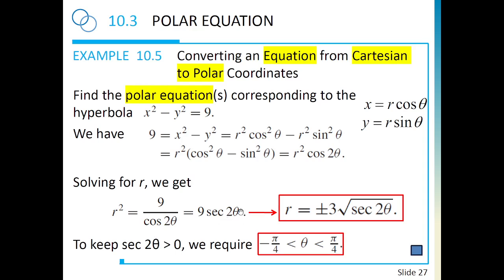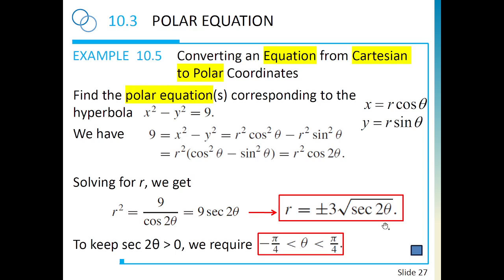So essentially now I take the root. Again, I keep plus and minus just in case, so it's more general. We can pick one or the other. And here obviously secant 2 theta needs to be positive because we have a radical. So what are the limitations on the angle? Essentially I need to have cosine positive.